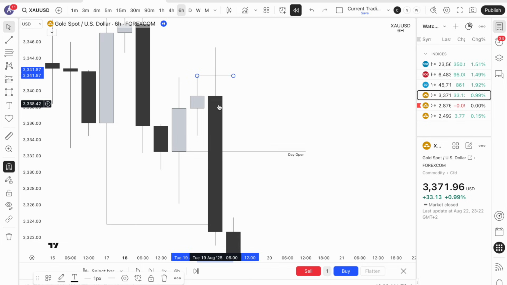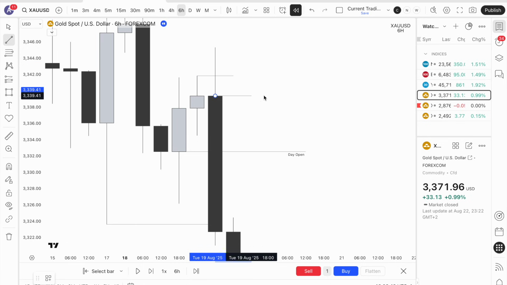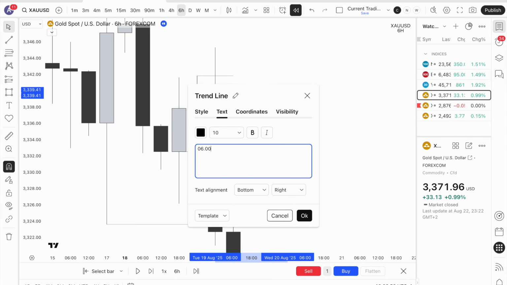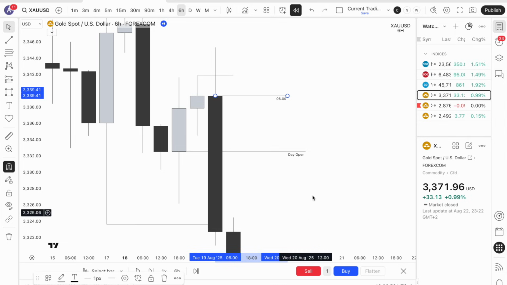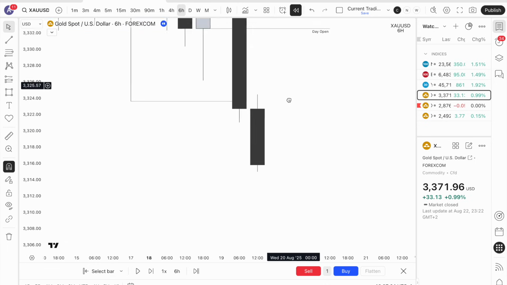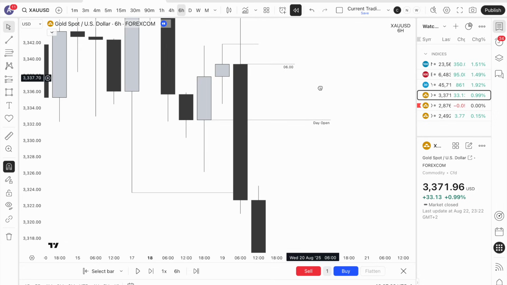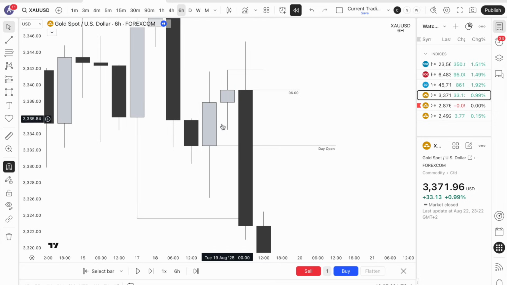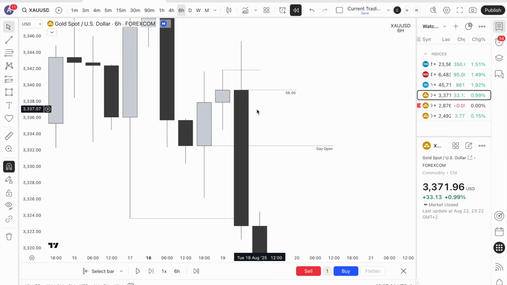And right here we have our Q3 open, or our New York AM session, right? This third 6-hour candle is our New York AM, this is our London, this is Asia, and then this is New York PM session. So profiling the daily candle into 4 6-hour candles.